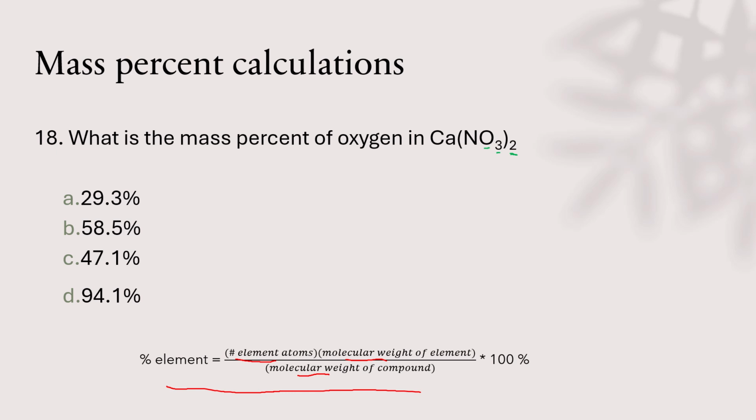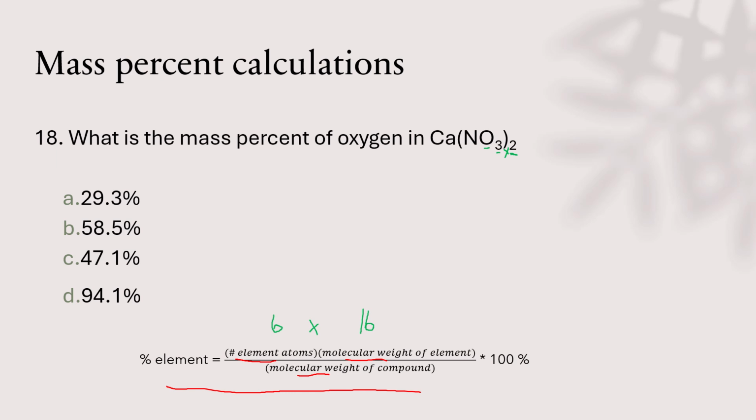So if there are 2 NO3s, that gives us a total of 6 oxygens because we would multiply the subscript on the outside of the parentheses by the subscript inside. So 3 times 2 gives us a value of 6. Now the molecular weight of the element itself you find on the periodic table, which we said was 16 grams per mole, and then you divide by the molecular weight of the compound as a whole.